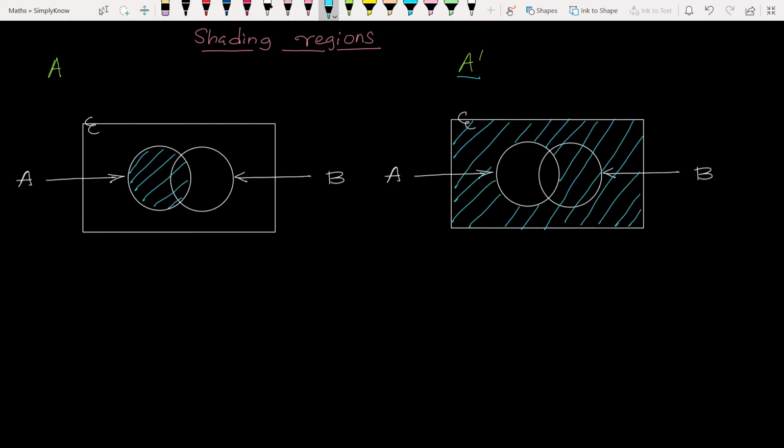Now I have shaded the region outside set A. So it's the complement of A.